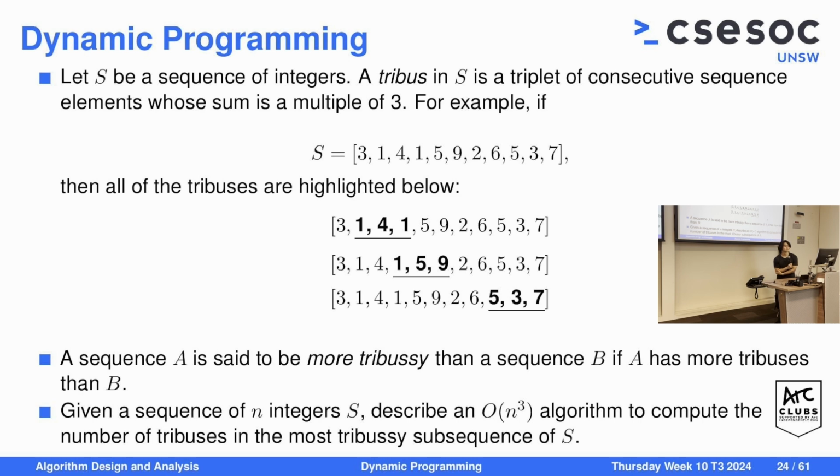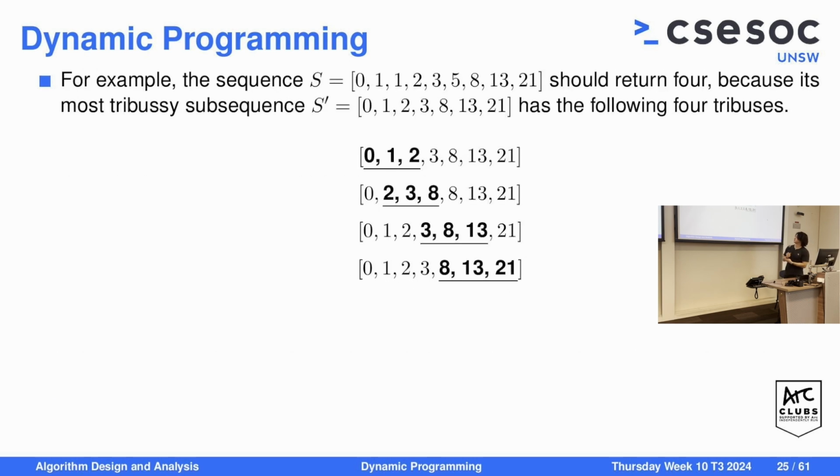So here the subsequence would be 1, 4, 1, 5, 9, 5, 3, 7, and that will have 3. Yes, I think we have an exact example here to help you out a little. So we have this new S, this is different.